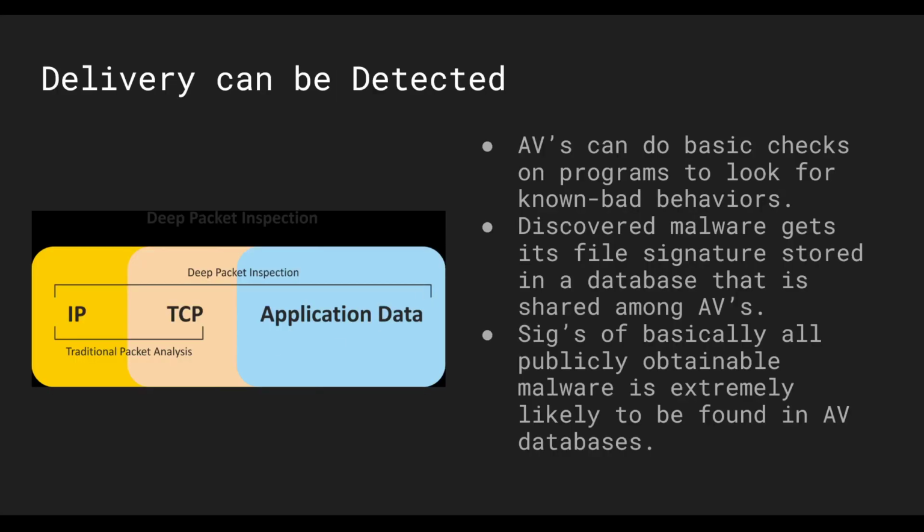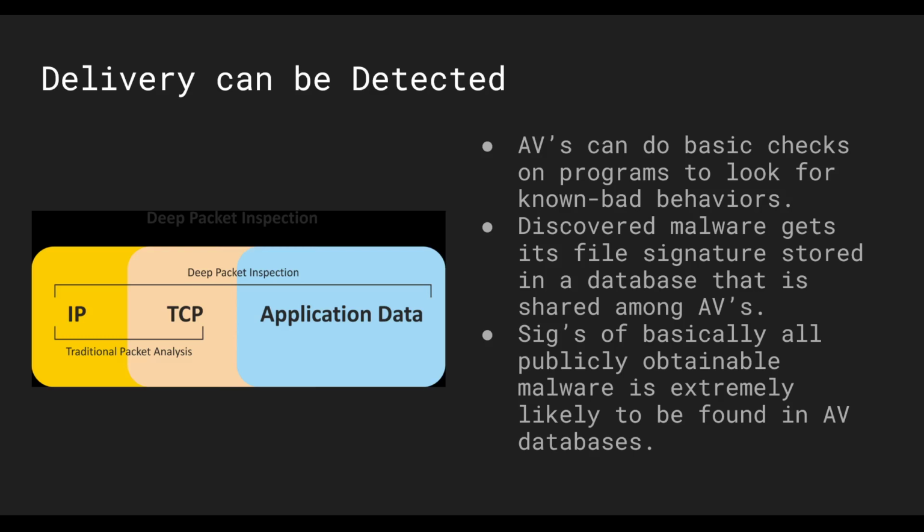So there you go. Another topic I wanted to get into was that delivery can be detected. In unencrypted network traffic, depending on what kind of inspection the firewall has, it's going to drop packets that contain malicious data. It'll also drop packets that are coming from or going to known bad domains or IP addresses.